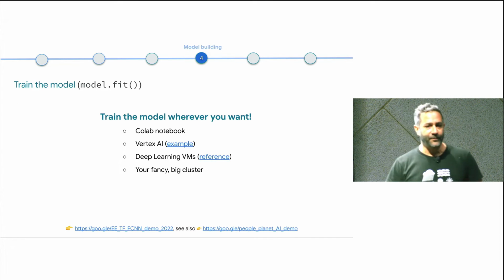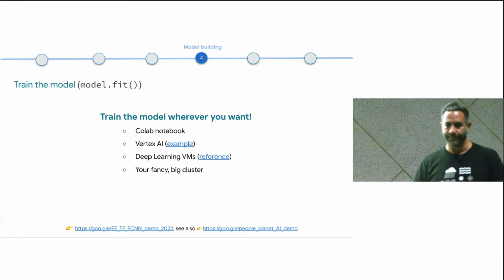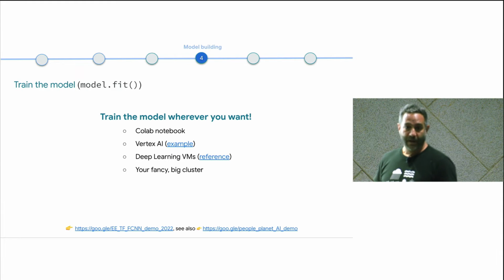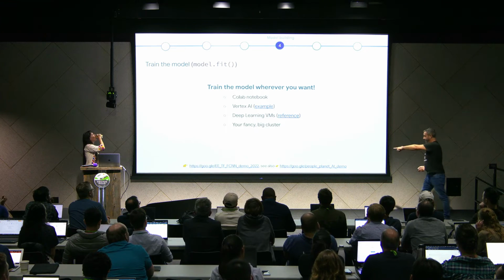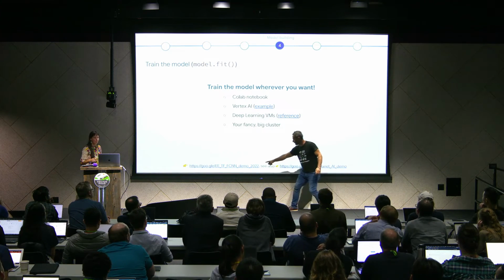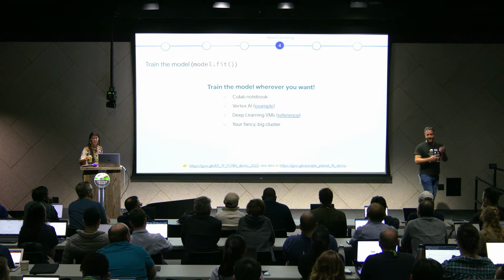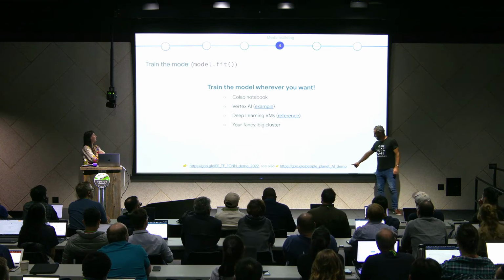OK, now you've got your fancy model. You've got all your training data. It's time to train your model. You can train it wherever you want. So in this example, it's just trained in the Colab Notebook virtual machine. That works fine if you've got a small model without too much training data.